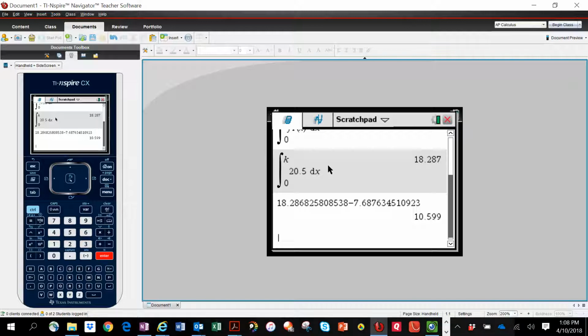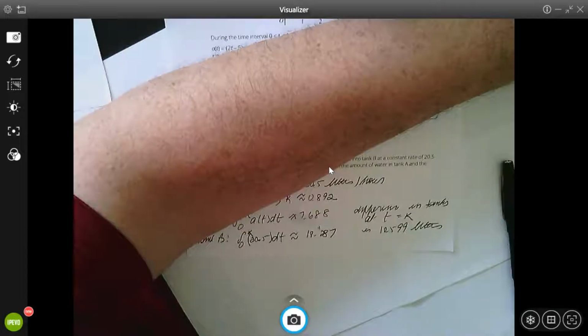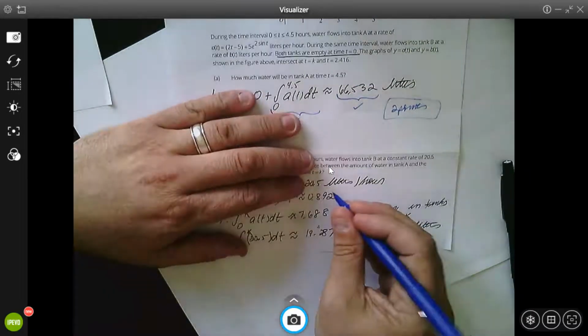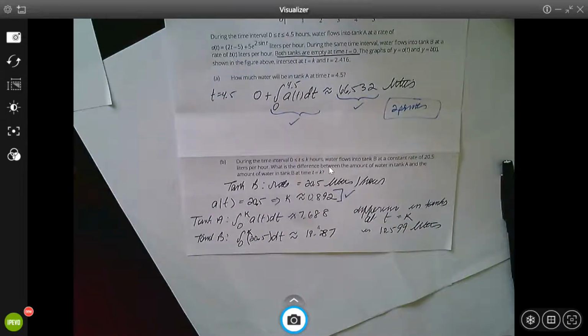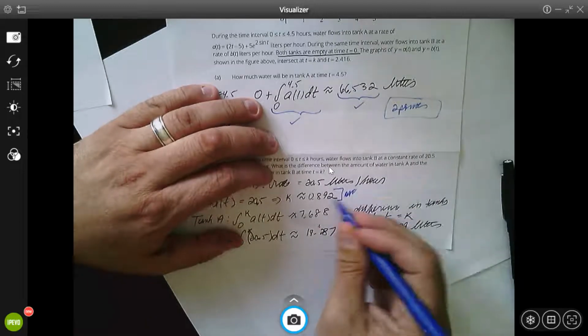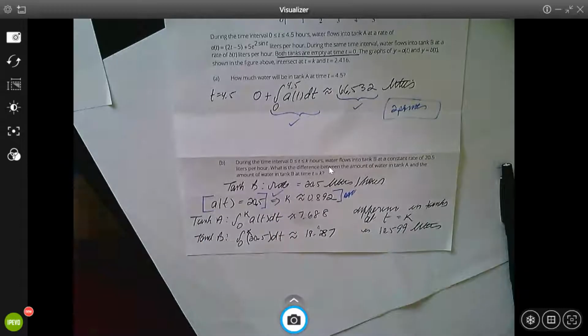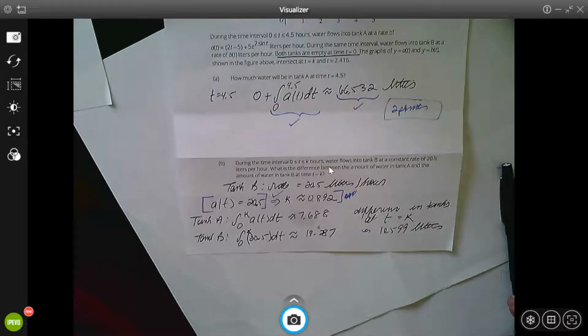There are some other ways you could have approached this. Maybe you want to do this as one integral instead. Feel free. But let's look at how points would have been awarded. They awarded 1 point not even for determining the value of k, but for setting this initial equation where they say A of t is 20.5.